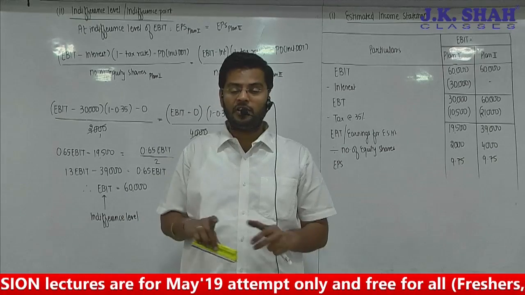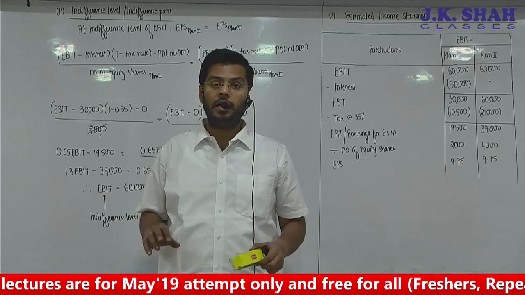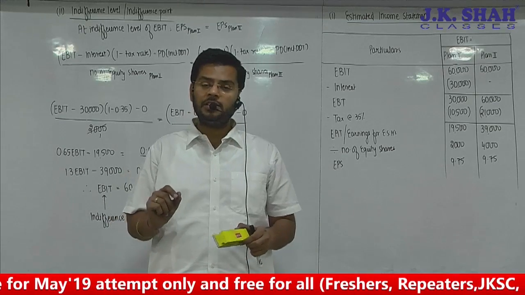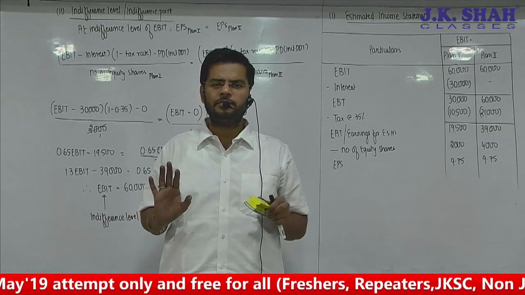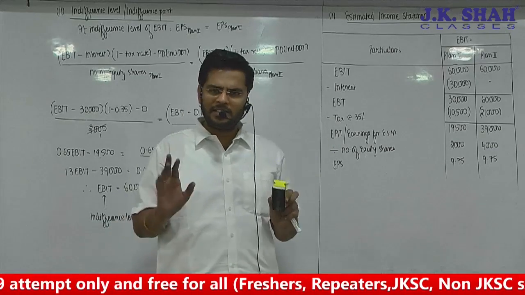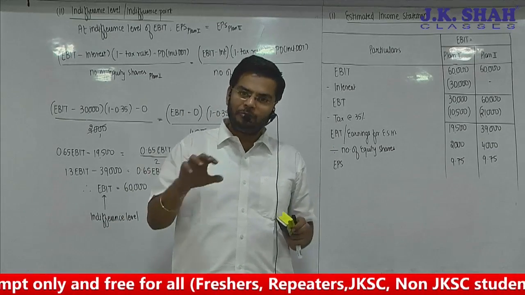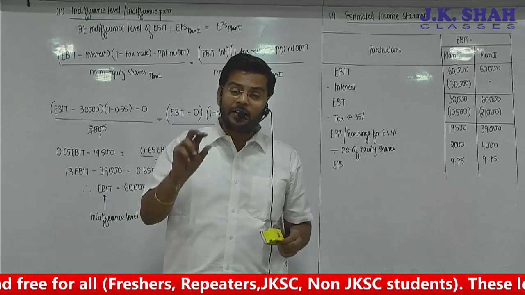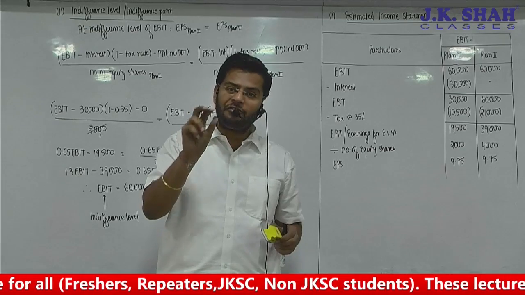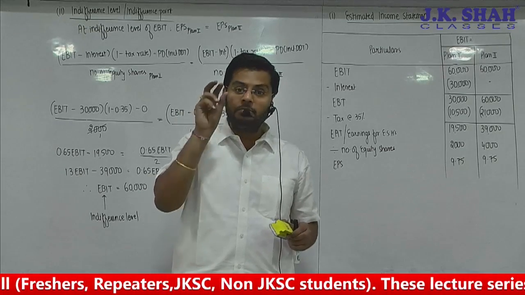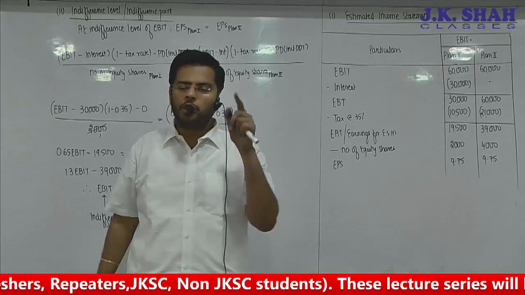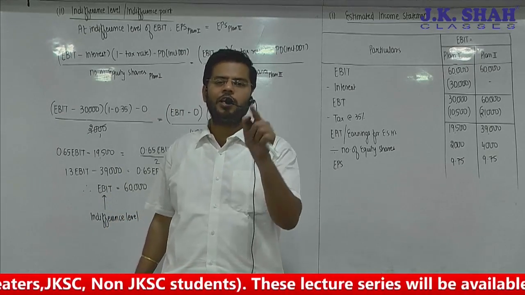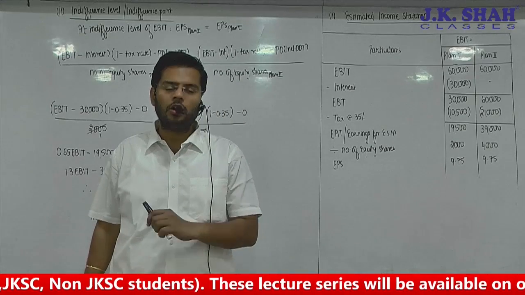Understand, I will first define for you what the financial break-even point is. Financial break-even point is also a special EBIT. The way the indifference level is a special EBIT, even FBP is a special EBIT. It is that minimum EBIT which your business should compulsorily generate, else your equity shareholders will be at a loss.